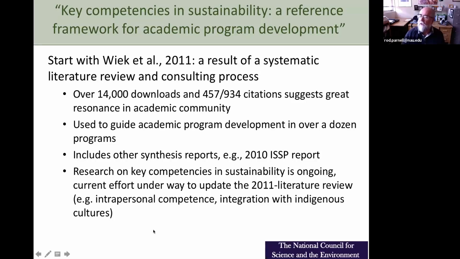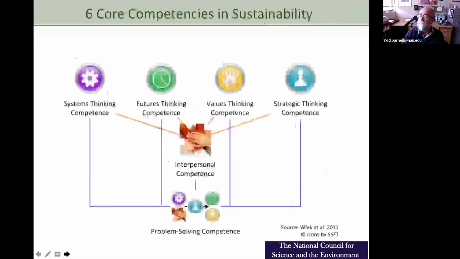And since then, and we'll talk about this more, other kinds of competence have arisen in discussion with respect to intrapersonal competence, not just self-care, but also connection to normative competencies, and then also better integration with diverse cultures, and particularly with indigenous cultures.